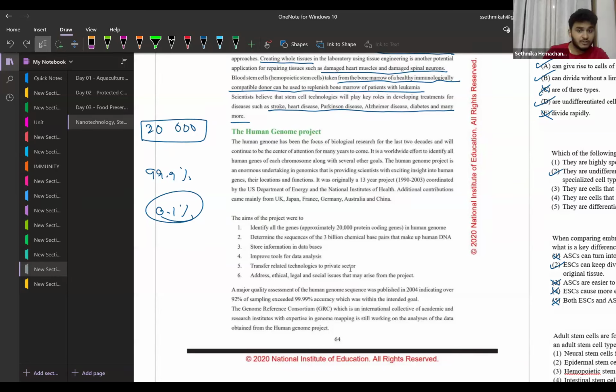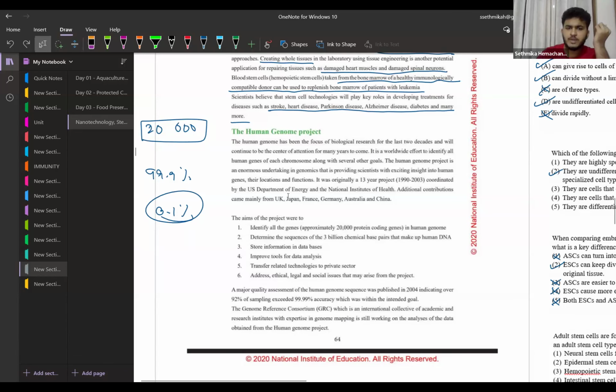Initially it was a 13-year project, but now in foreign countries there are centers where you can go and get your own genetic sequence in just some hours, right?